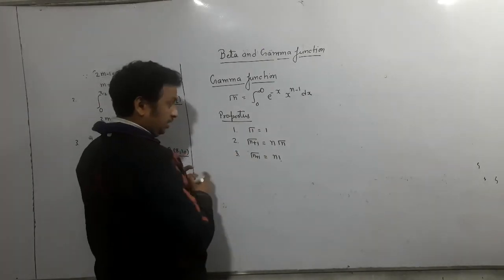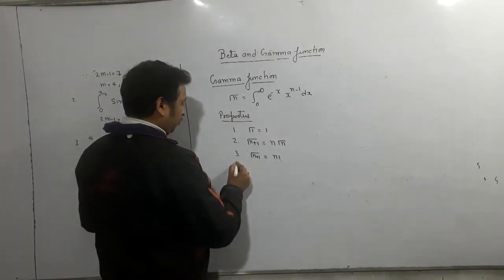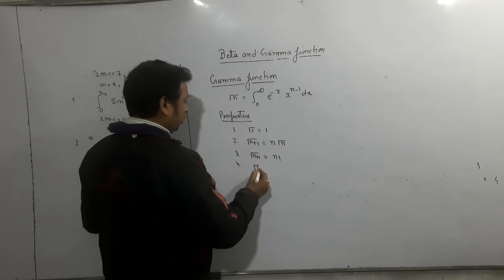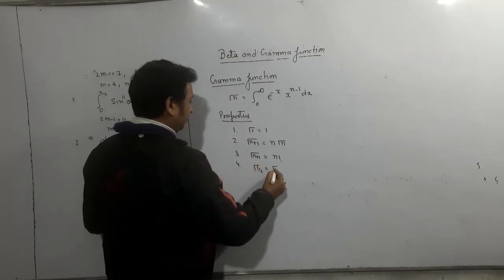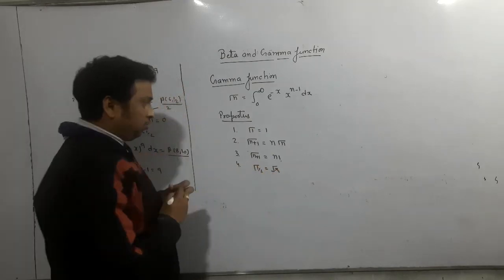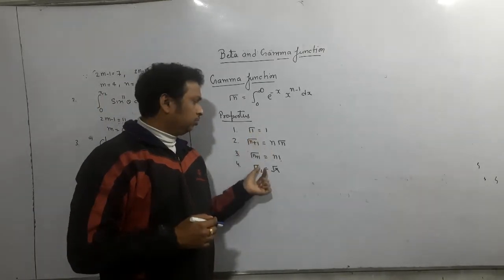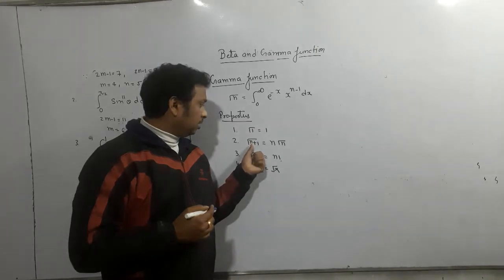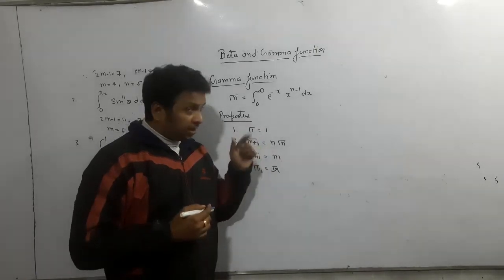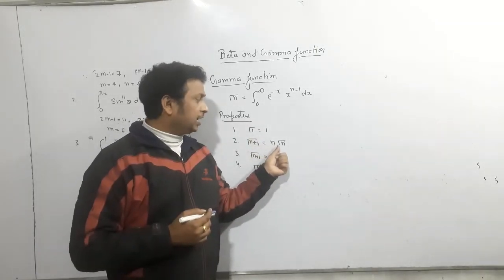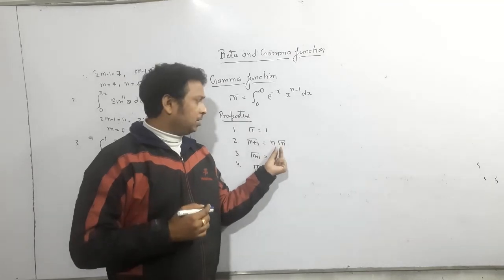So this is very important. And fourth, gamma 1 by 2 value is root pi. So always remember these. Gamma n plus 1 in terms of gamma is equal to n gamma n, like factorial type.